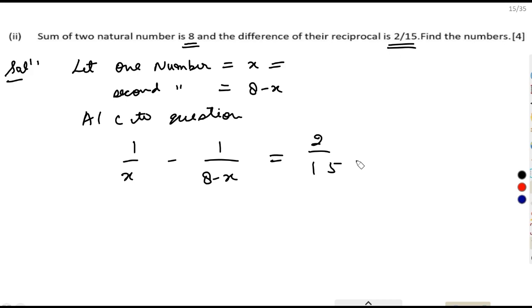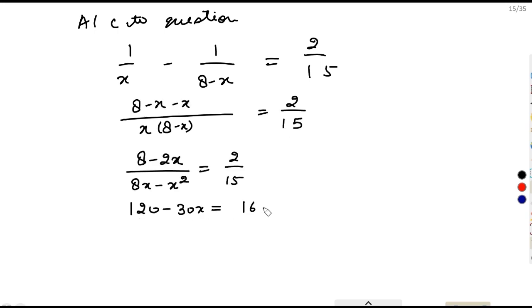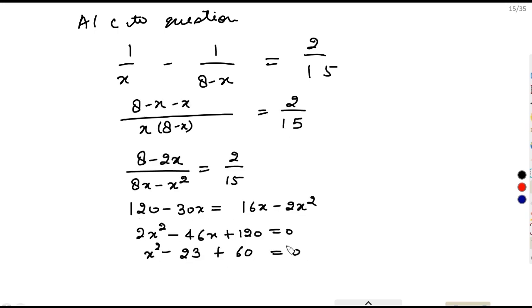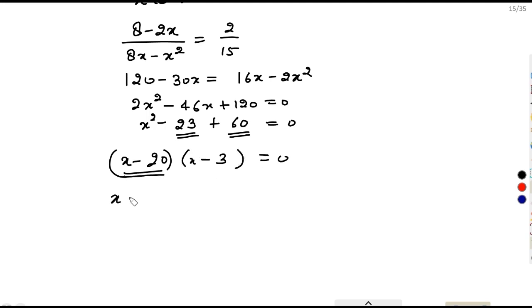You will get a quadratic equation in x. Solve this quadratic equation. Factors of 60 whose sum is 23, 20 and 3. These are the required factors. If this is 0, then x is equal to 20 and if this is 0, then x is equal to 3.